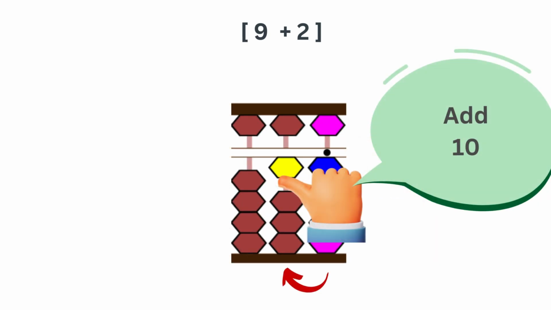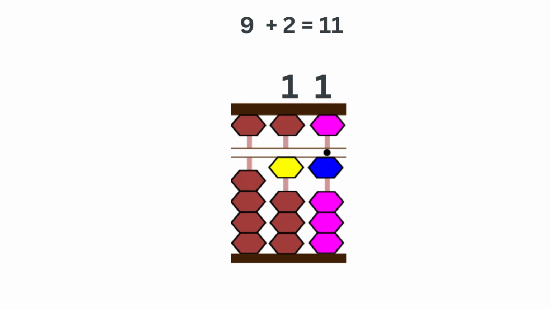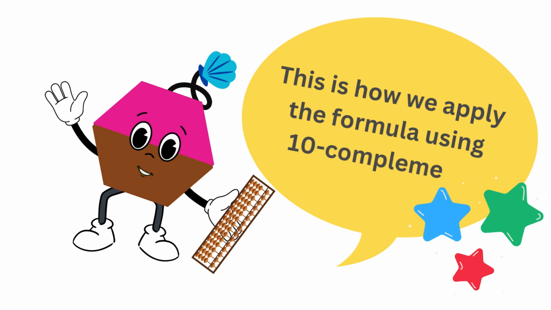And then add 10, which takes us to the tens digit. Counting the beads attached to the bar, it's 11. Therefore, 9 plus 2 equals 11. This is how we use the 10 complement formula for addition.